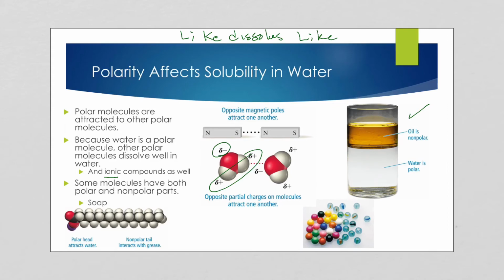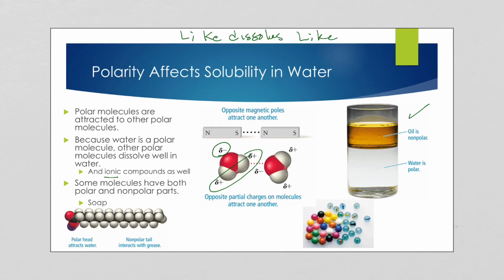Now, the positive side of the molecule is going to be attracted to the negative side in a different, say, water molecule here. And that would be the case for any polar molecule. So if this were another polar molecule combining with water, like alcohol, like ethanol, then they're going to be able to have these attractions because they both have dipoles.